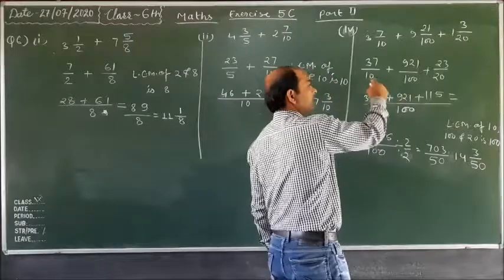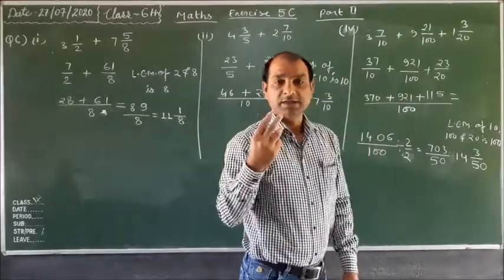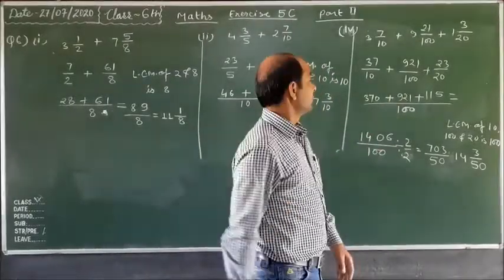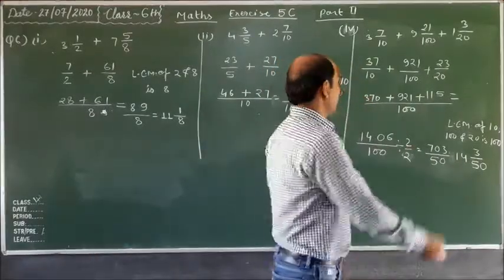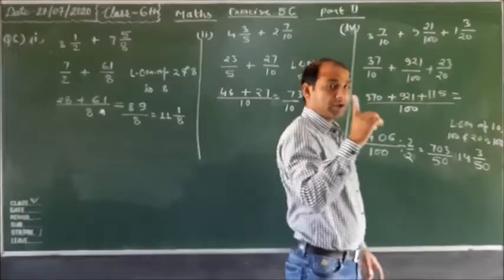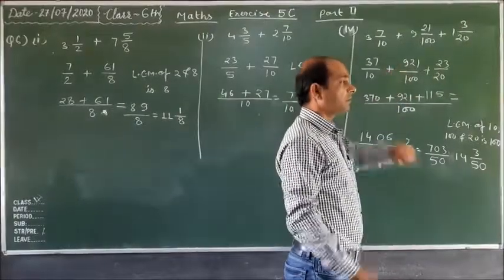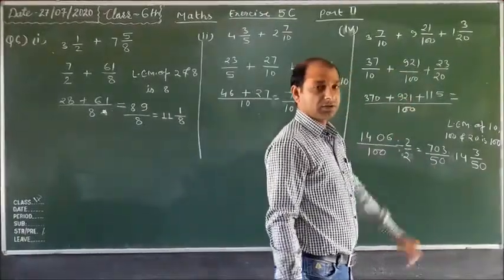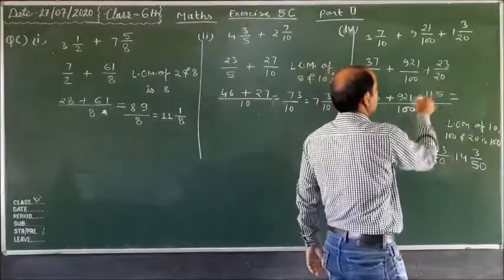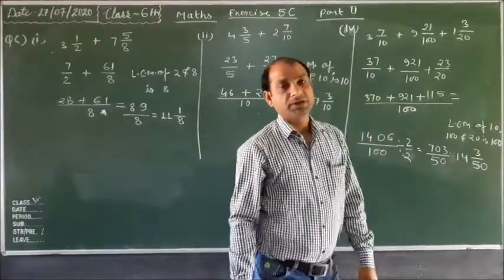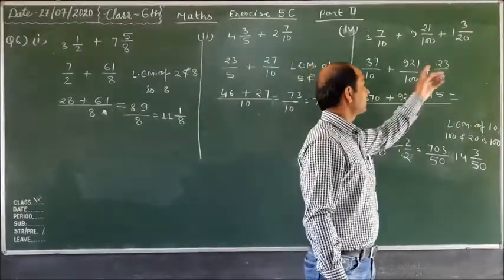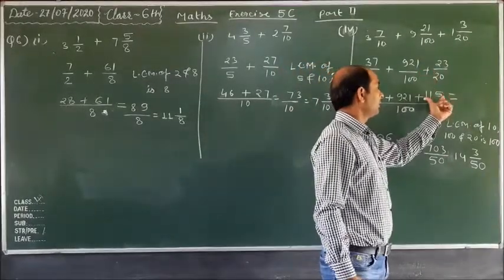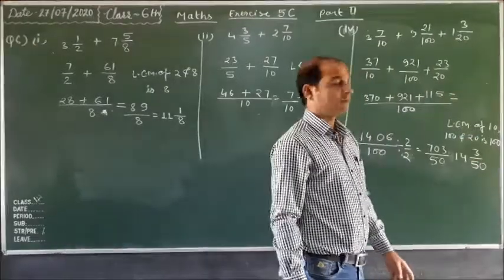So 100 divided by 10, answer is 10. So 10 multiplied by 37 equals 370, and 1 multiplied by 921 equals 921. Then 100 divided by 20, 5 twenties are 100. Then 5 multiplied by 23 equals 115.